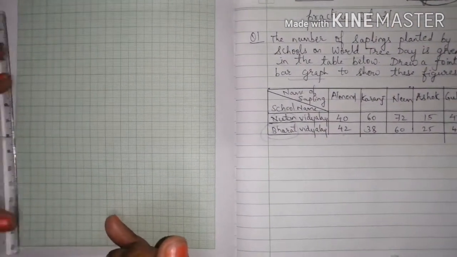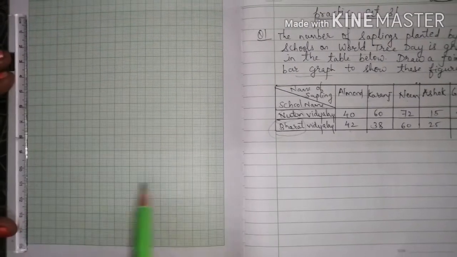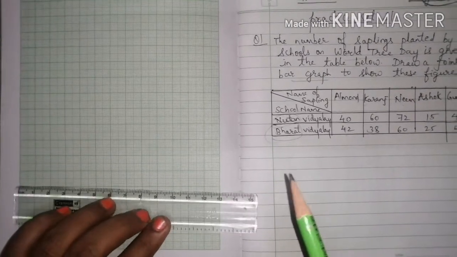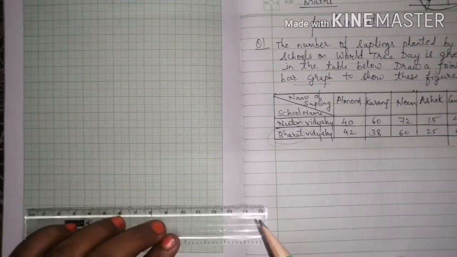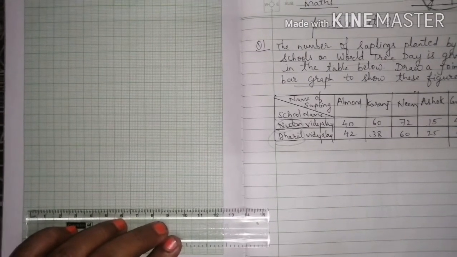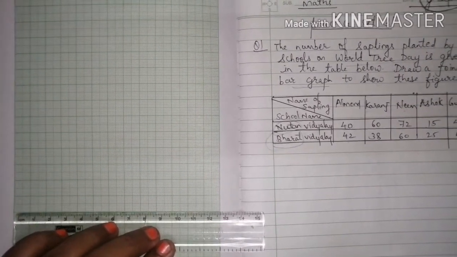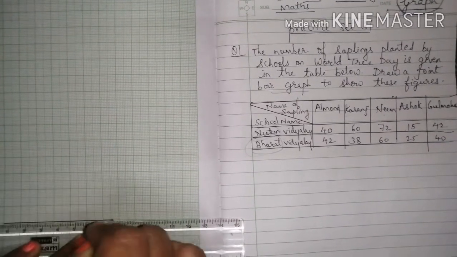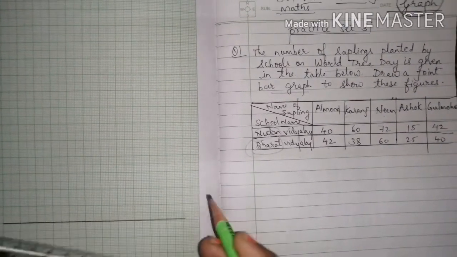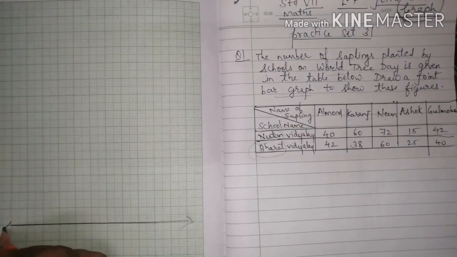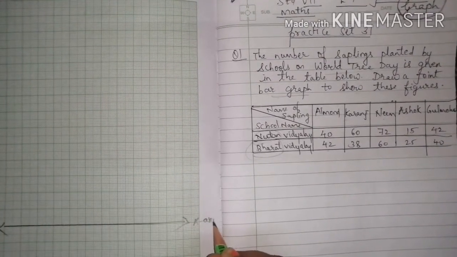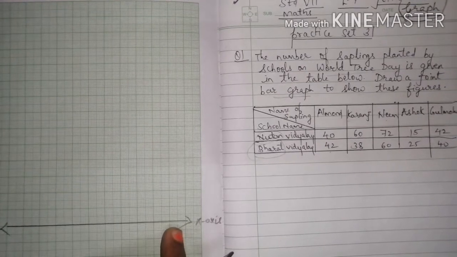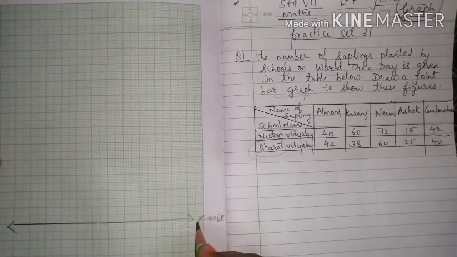So before starting we have to draw the axis. You all know you can start from any dark line, from down also you can start, or from any side you can start. So I'm starting from here, from dark line you should start. The horizontal one which I am drawing is your x-axis. You have studied this already in 6th standard. The horizontal axis is called as a x-axis.